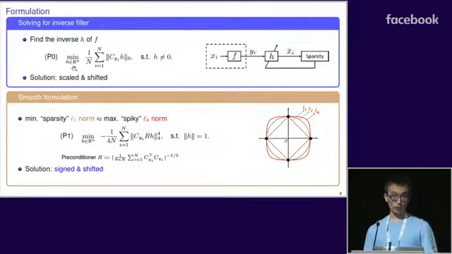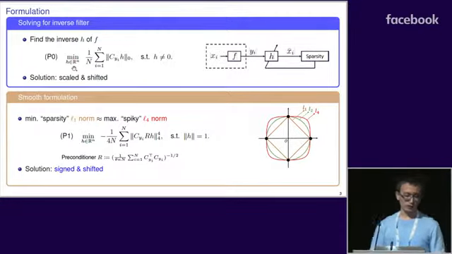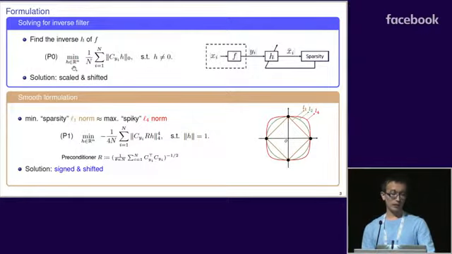For those of you who are familiar with compressed sensing, a very popular surrogate for sparsity is the L1 norm. Here, we're going to use an even smoother objective, which is maximizing the spikiness of the signal, the L4 norm, on the unit sphere. We'll show that the solutions of this smooth objective will be signed and shifted versions of the ground truth.